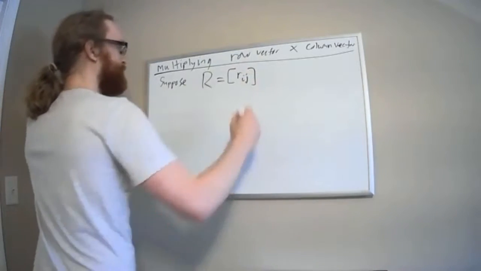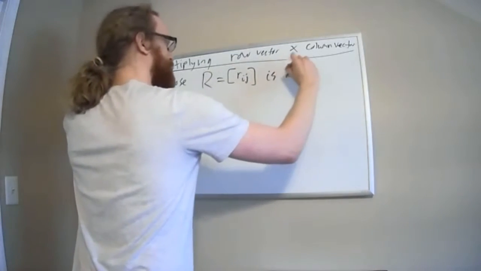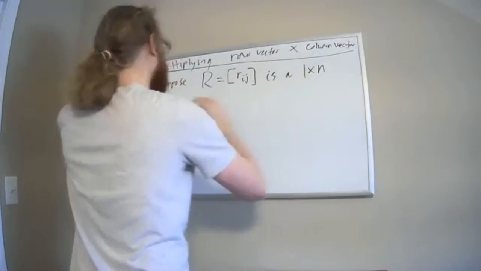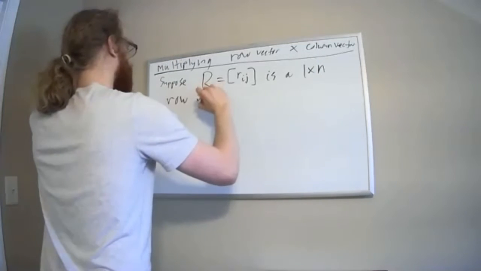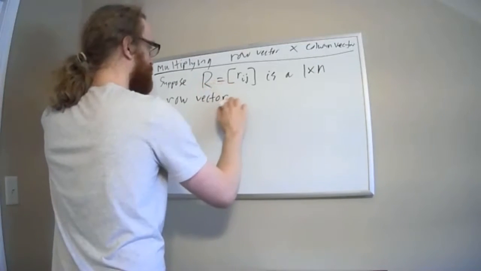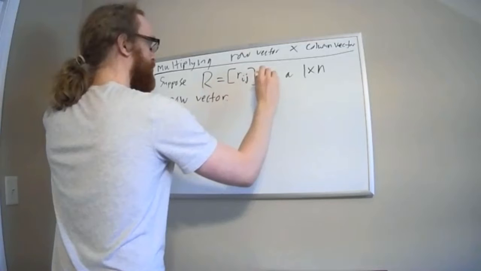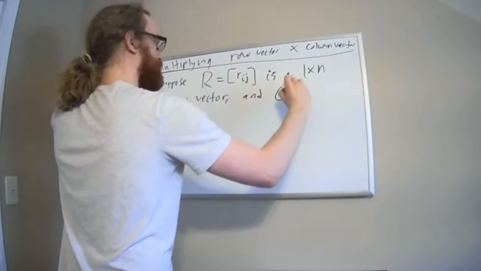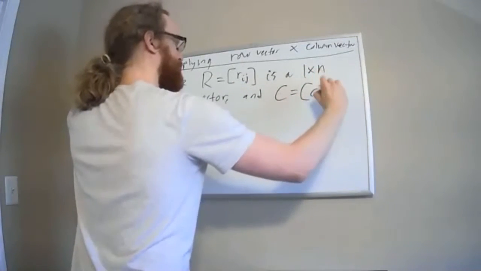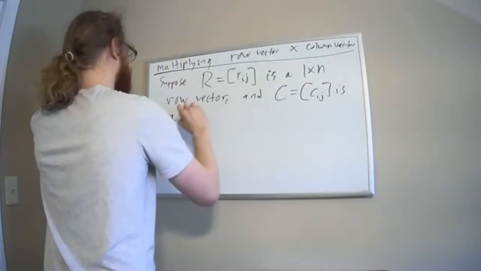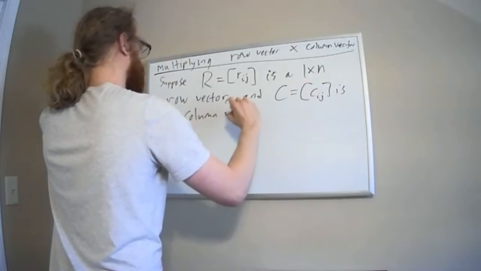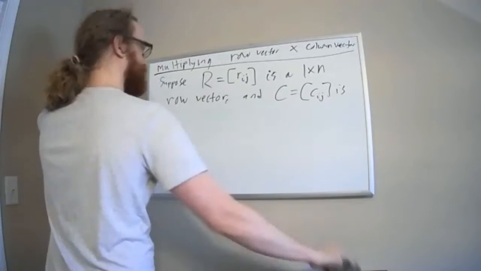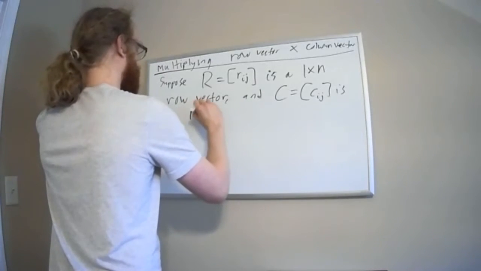So here's a row vector, a 1 by n row vector. And then we're going to have a column vector C, which is an m by 1 column vector.